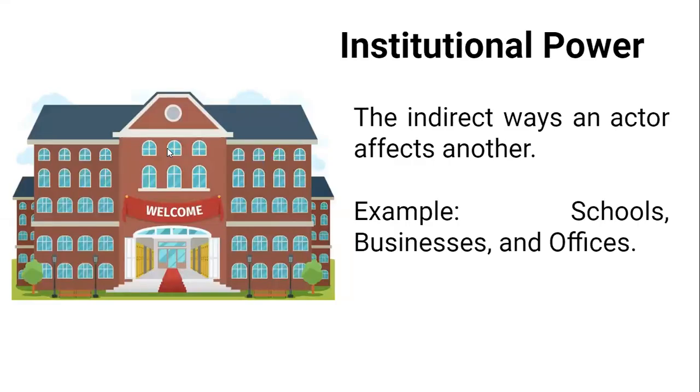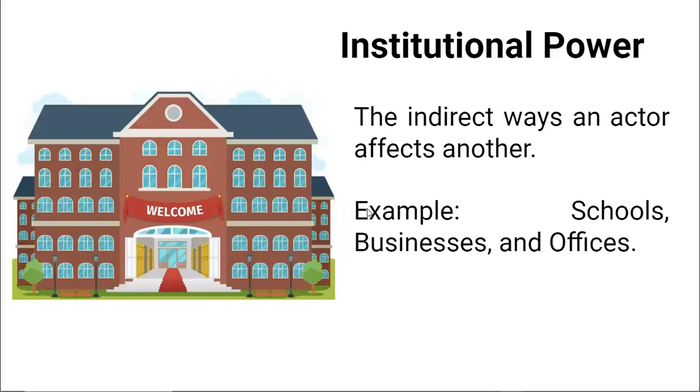Institutional power. Institutional power is an indirect way of an actor that affects another. For example, schools, businesses, and offices or institutions or companies, right? In institutional power, we have to understand that they have policies that they are imposing. Okay? And these policies, itong policies na to, this is the thing, all right?